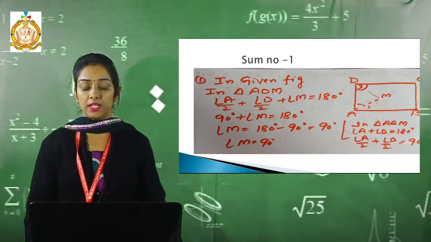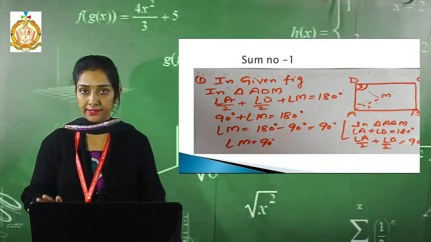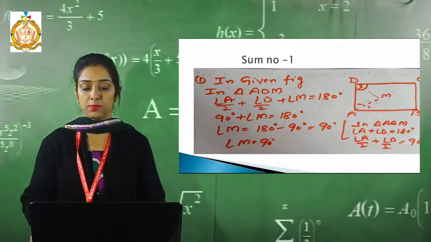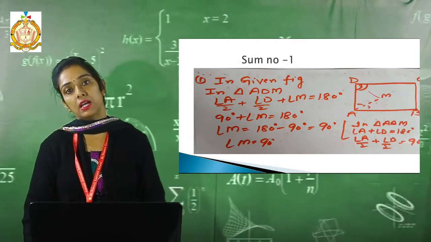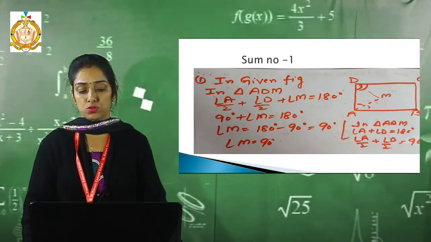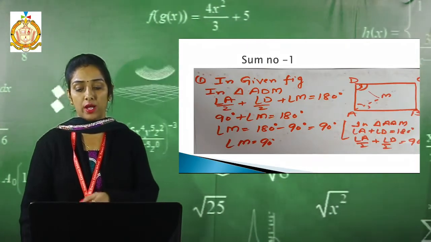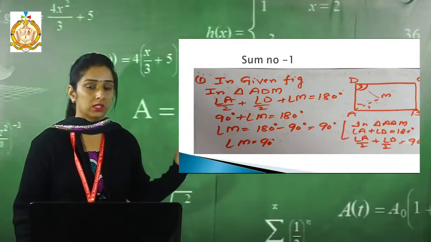Now see, angle A plus angle D, they both are 90 degrees, so 90 plus angle M is equal to 180 degrees. It means angle M is equal to 180 minus 90, which is equal to 90. See how angle A plus angle D becomes 90. I will show it in a bracket.